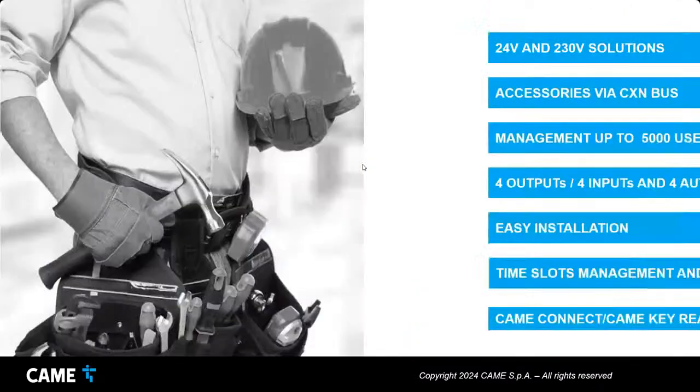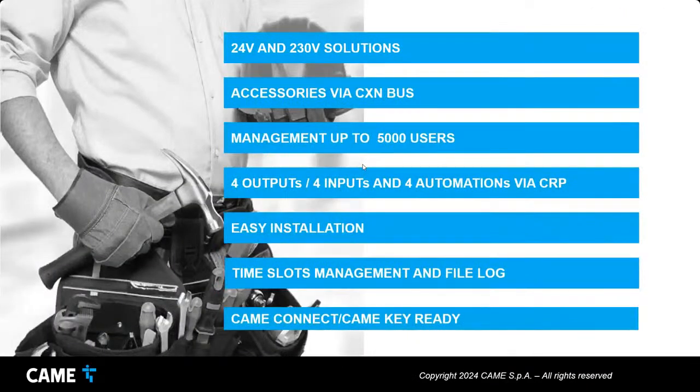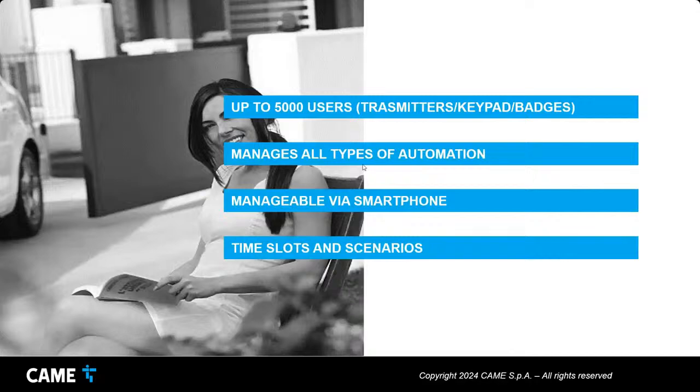Okay, so if we go to the user benefits, in this case, it is to be underlined that via RBE Plus, it could be managed all types of automations, not only CAME, because they work with the CRP protocol, but also generic devices that go through a simple relay.